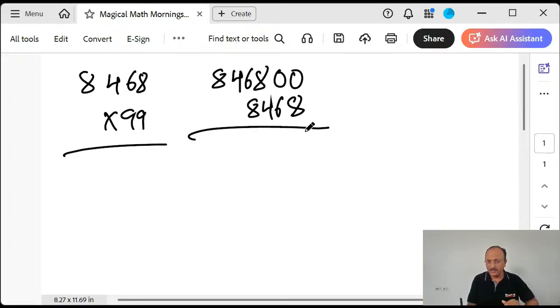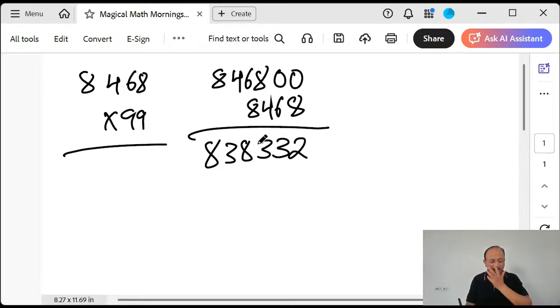Last from 10, the rest from 9. That means we are writing the complements, with no subtraction, and 1 less than the one before. 8 minus 4 is 4, so I'll write 3. Rest everything I will do the subtraction. 16 minus 8. The answer is 838332. This is the method. You want me to give one more example?